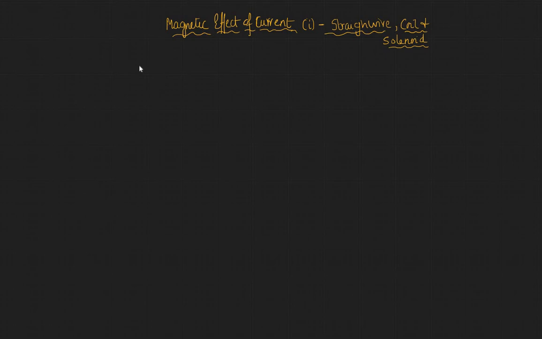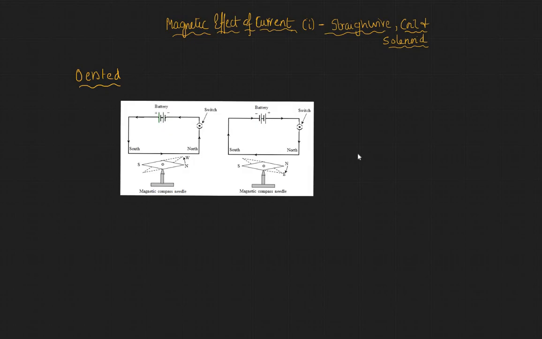The magnetic effect was first discovered by a German physicist called Oersted. He did this famous experiment in which a current was passed in a wire, and it was observed that a magnetic needle was getting deflected due to the current carrying conductor.